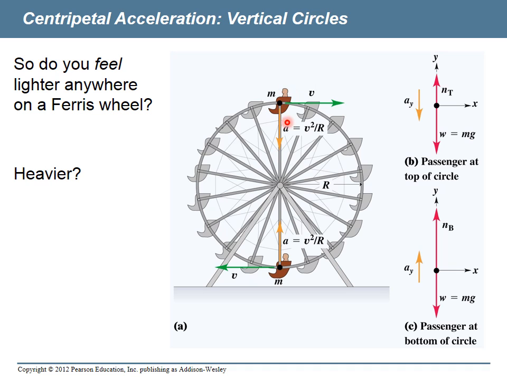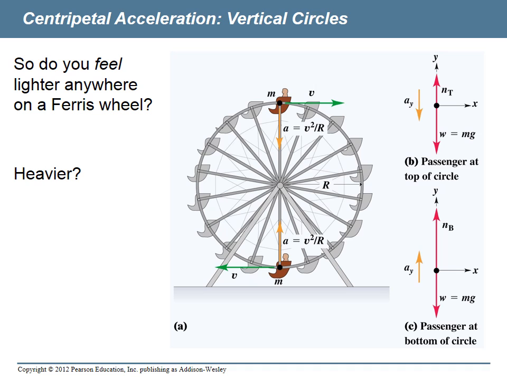Now, if I were to free body diagram myself at the top, I have a weight pulling down, and I also have an acceleration down, right? I have to have something causing some acceleration downwards. This guy's going around in a clockwise direction, so there's velocity here, velocity there, but the direction doesn't really matter as far as his radial acceleration goes.